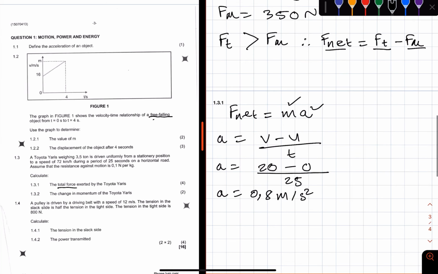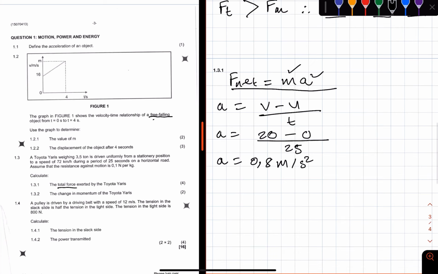So from this formula, we have the mass and now we have the acceleration, so we can get F net. F net is equal to mass, which is 3,500, times the acceleration, which is 0.8.